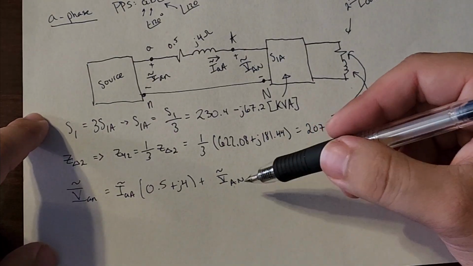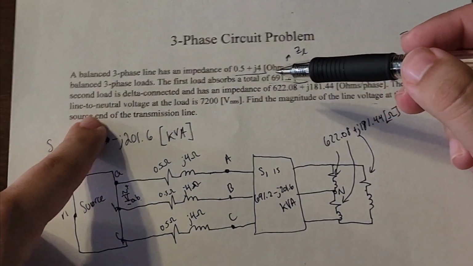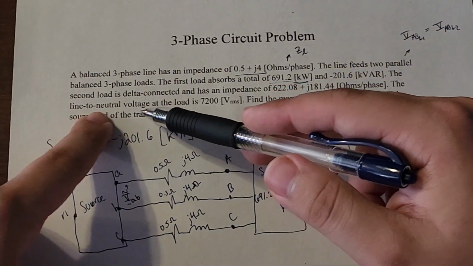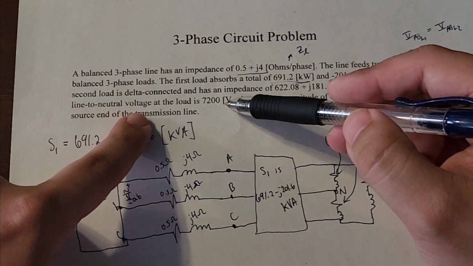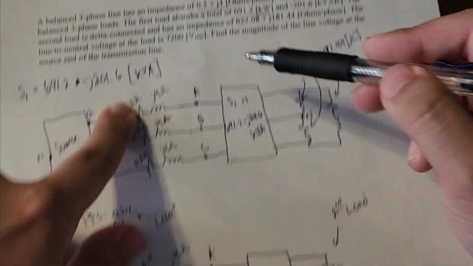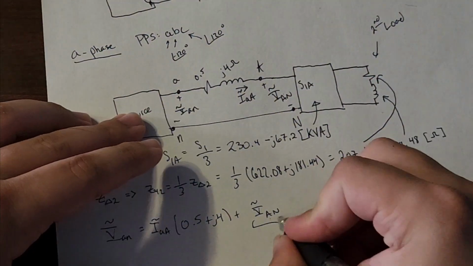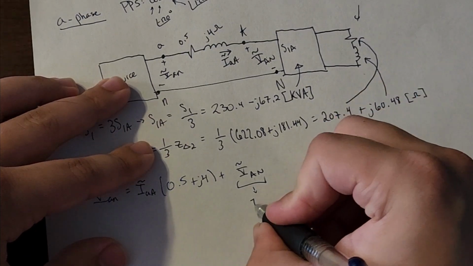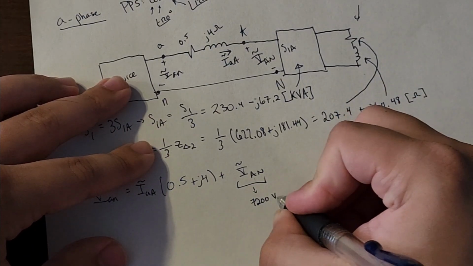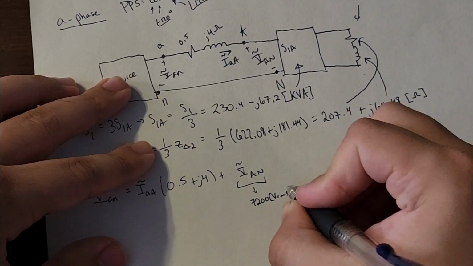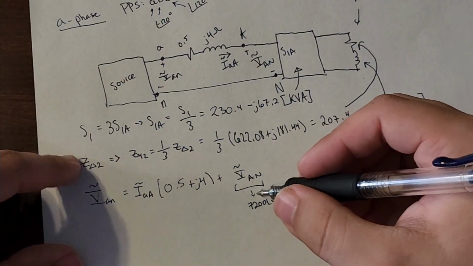What is the voltage across AN? Up here it says that the line to neutral, or our phase voltage, at the load is 7200 volts RMS. Oh my gosh, VAN, that's 7200 volts RMS. We already know this, so what don't we know?